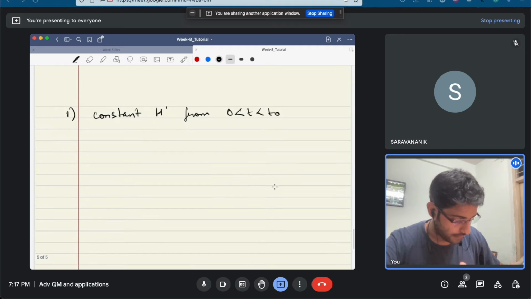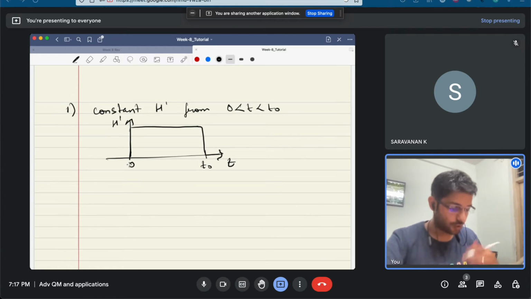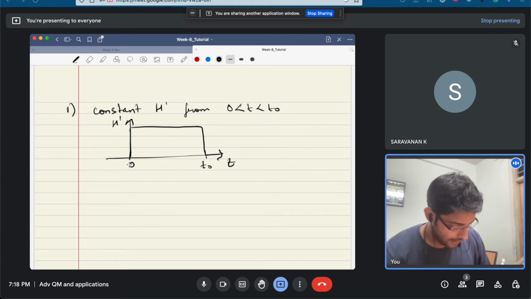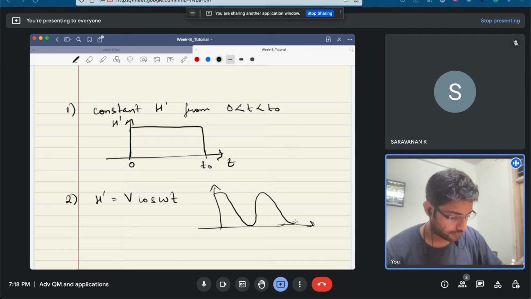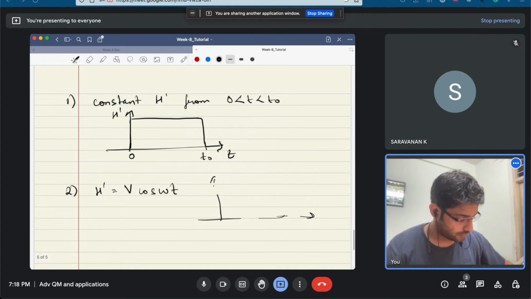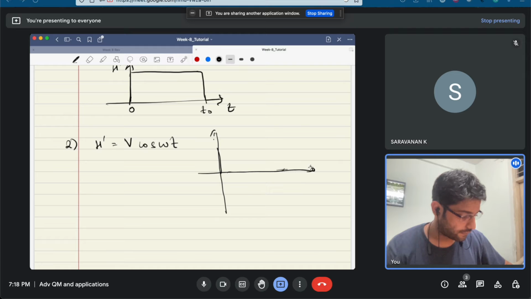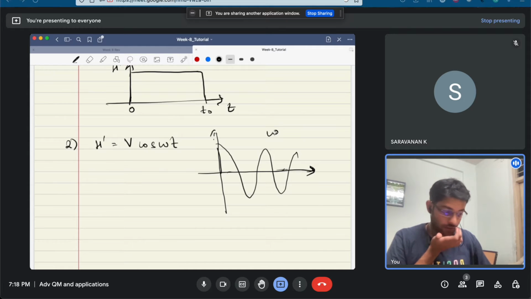That means we have a function something like this: this is your t and this is your H prime, and H prime has a constant value from 0 to t naught, and otherwise it's zero. And the second problem that we are going to consider is H prime equal to V cos omega t, which is nothing but a sinusoidal function with frequency omega. So we are going to take on these two problems here.